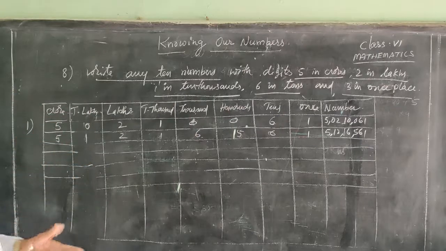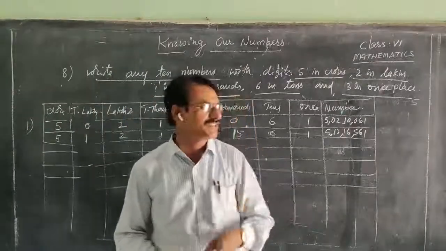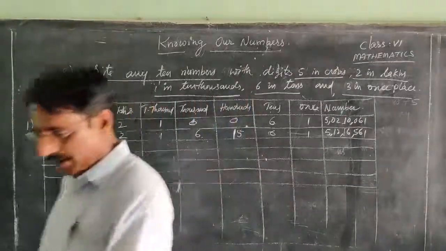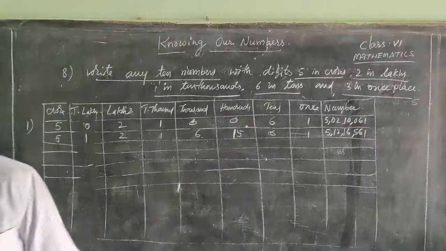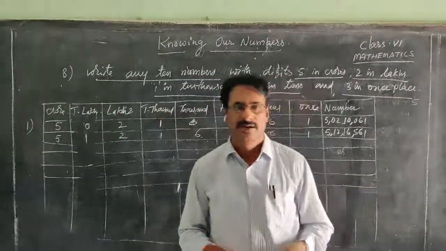We can write different types of numbers. Do you understand? Very good. So we finished exercise 1.3. In the next class, I will explain another topic.